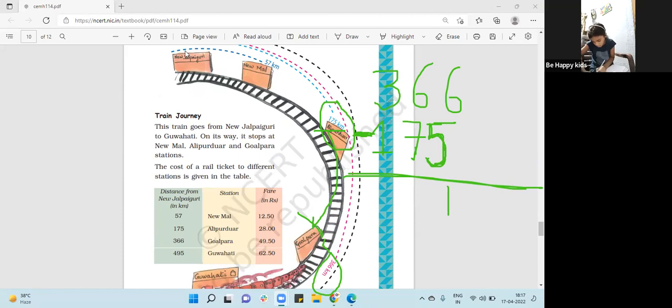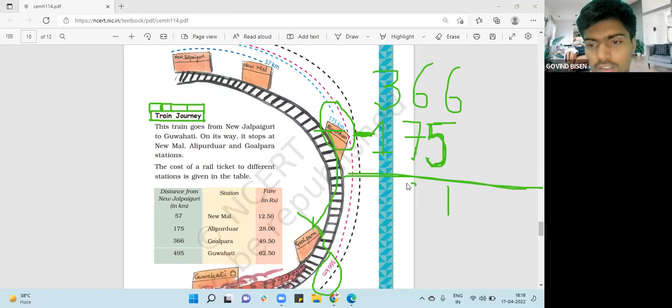Subtraction, super good. Come on, very good. Come on, come on, pull up. 11, 12, 13, 14, 15, 16, 17. 1, 2, 3, 4, 5, 6, 7, 8, 9, 10, 11, 12, 13, 14, 15, 16. 16 minus 7. 1, 2, 3, 4, 5, 6, 7, 8, 9. 9, sir.